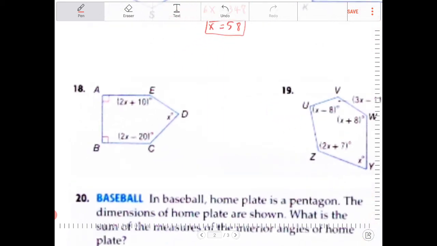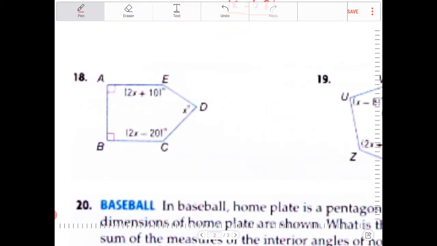There you go. Now I'm dealing with a pentagon. So I have 2x plus 10, which is E, plus C, which is 2x minus 20. And then D is x, and then A and B are 90 and 90, so I'm just going to add 180 right here.